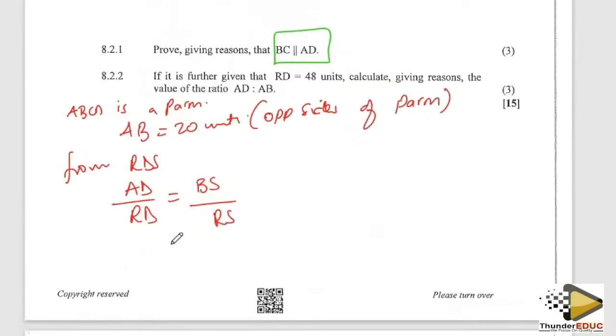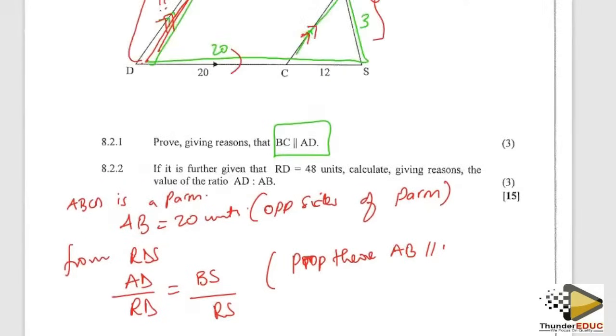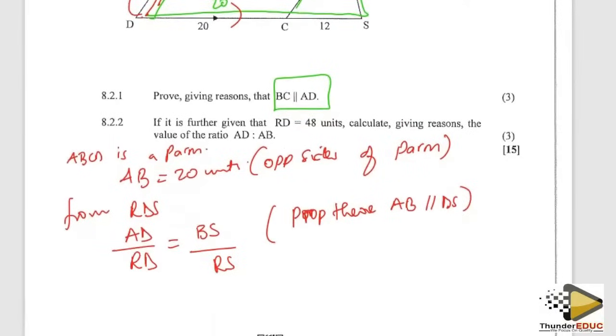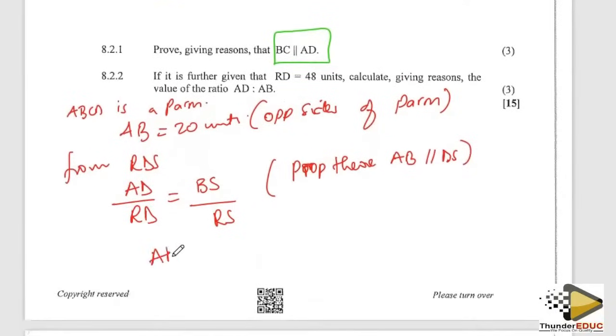The reason is the proportionality theorem, because AB is parallel to DS. Then I'll substitute what's my AD, that's what I want. So AD is going to be the same as BS times RD over RS.